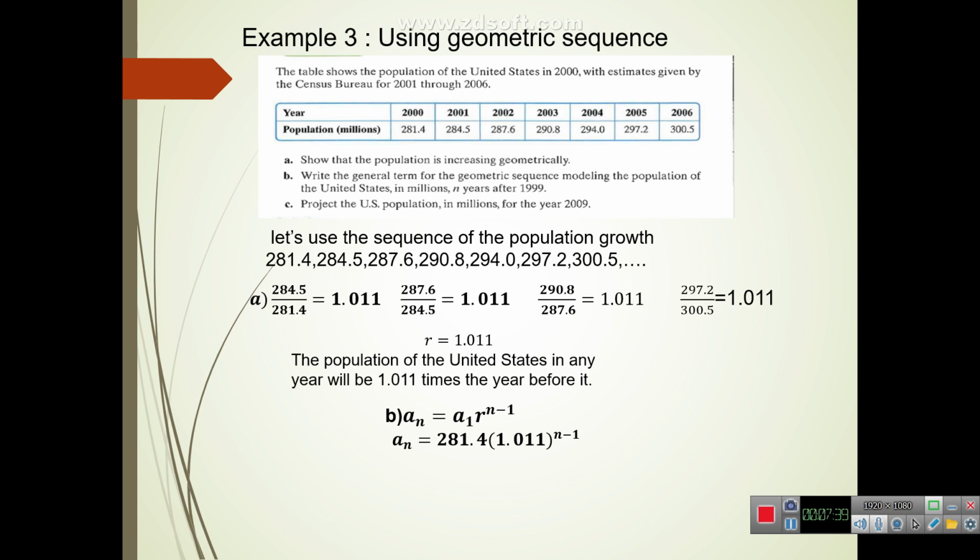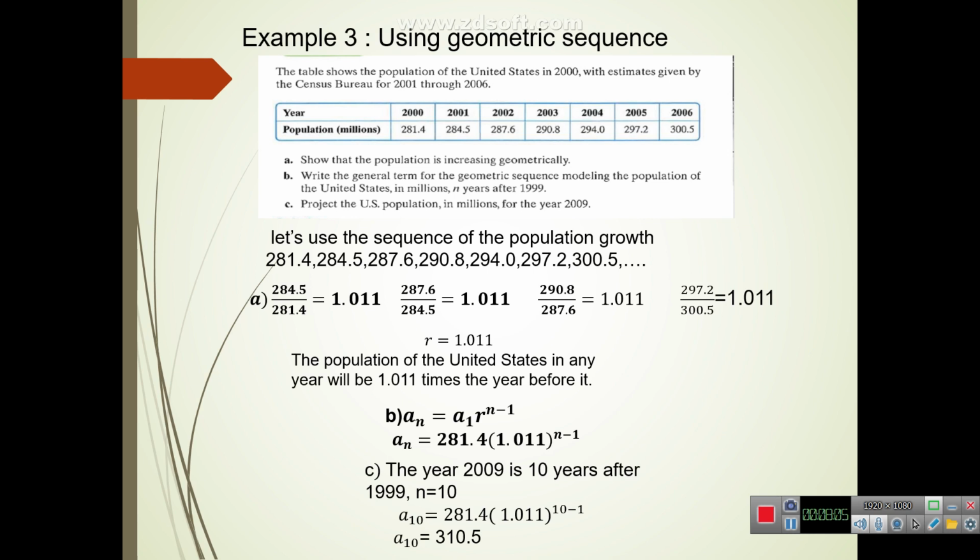Finally, you are asked to project the US population in millions for the year 2009. Here what you have to do first is find the number of years after the year 1999. So the number of years after 99 will be the difference between the year 2009 and the year 1999, which is 10.